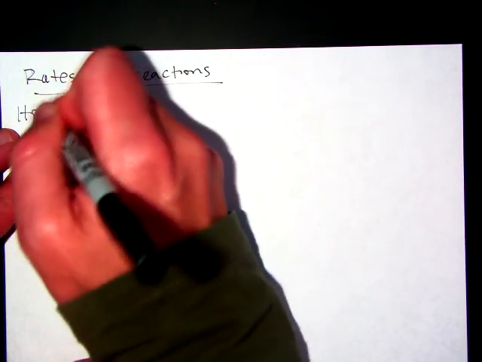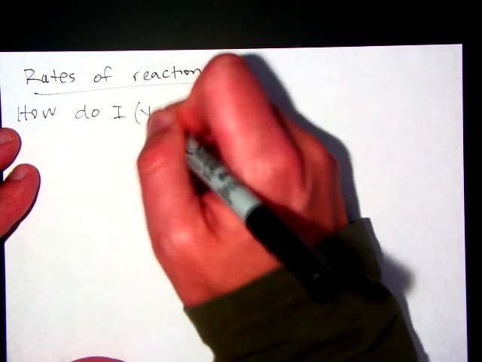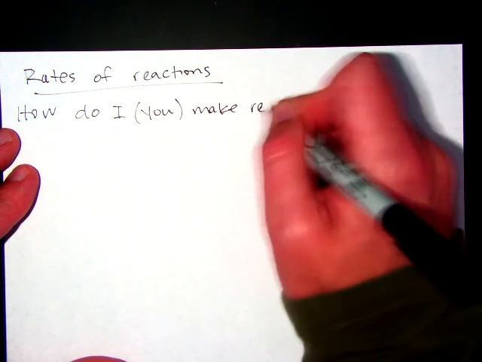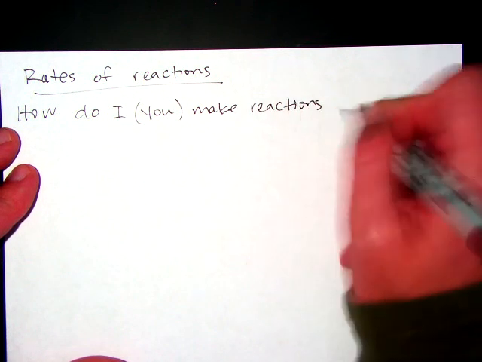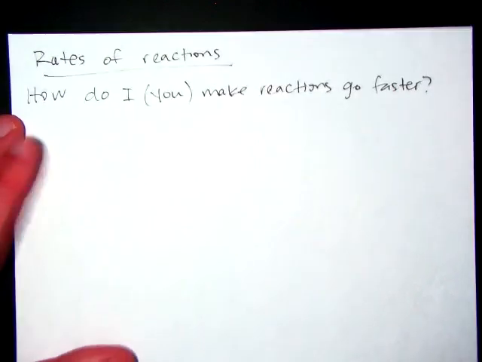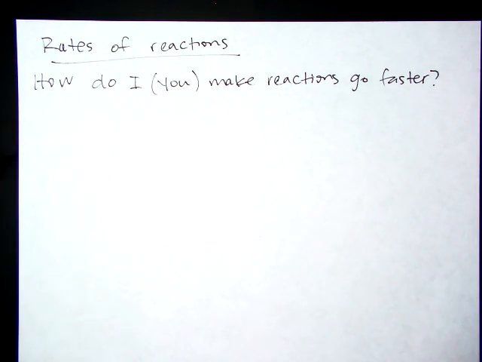Specifically, how do you make reactions go faster? There are 4 ways.